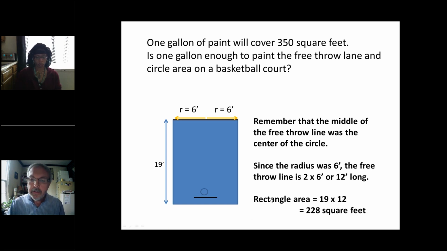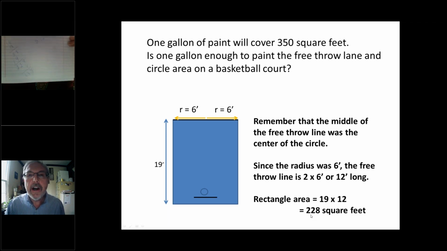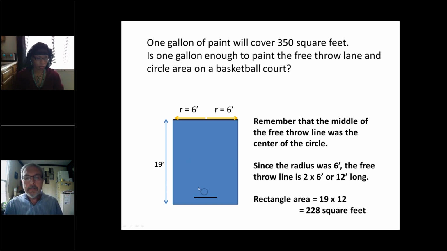So to find the rectangle area, we'll see how this checks with what you had, 19 times 12, length times width. So that's 228 square feet. Does that sound right? Yep, good. Okay, so the area of this rectangle, which is only part of what we have to paint, is 228 square feet. So we're partway there.